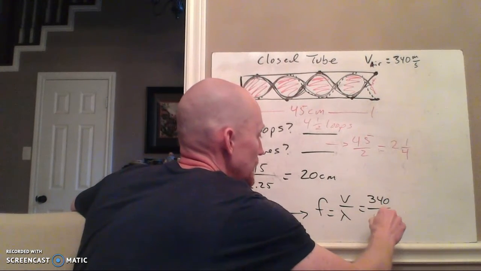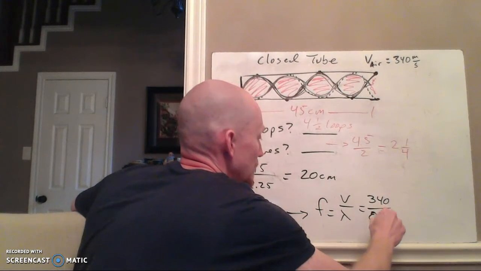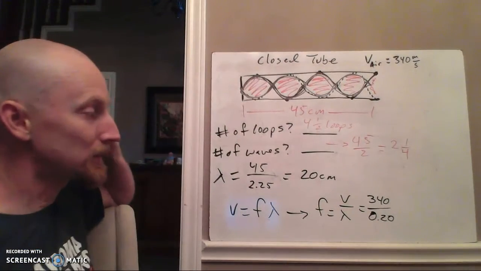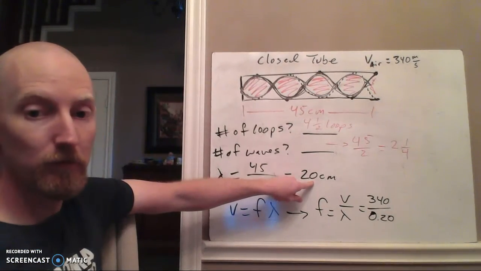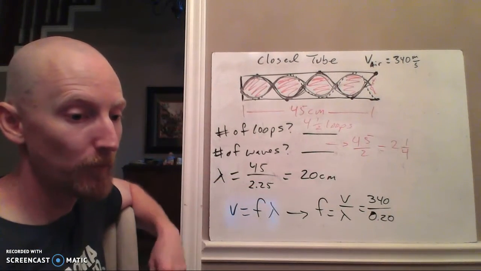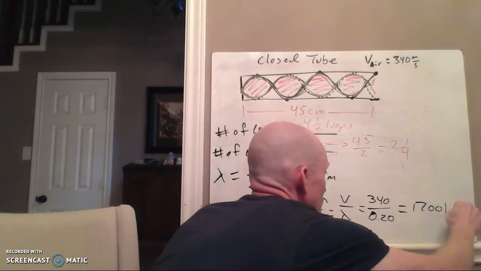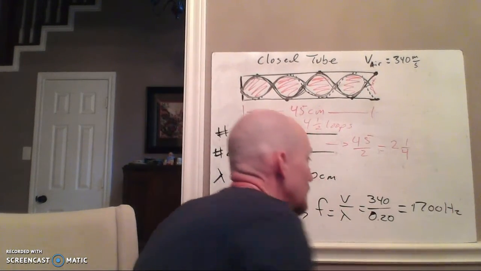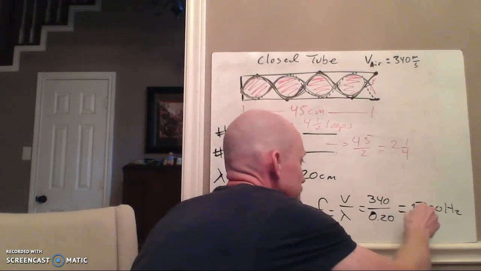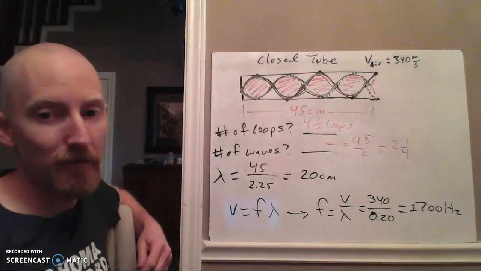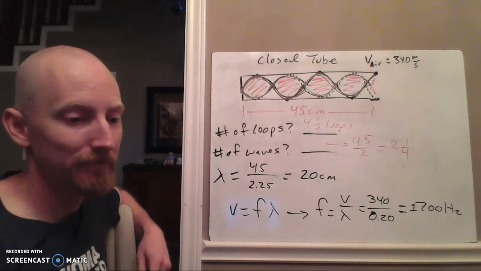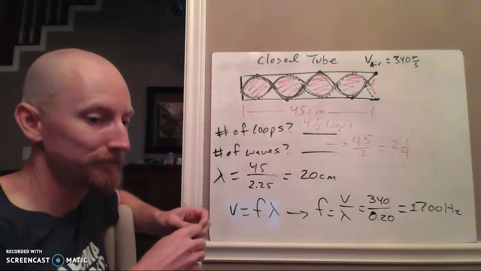We divide by 0.2, because we need to change centimeters to meters. So 340 divided by 0.2 is about 1,700 hertz. So 1,700 hertz, right? Okay.